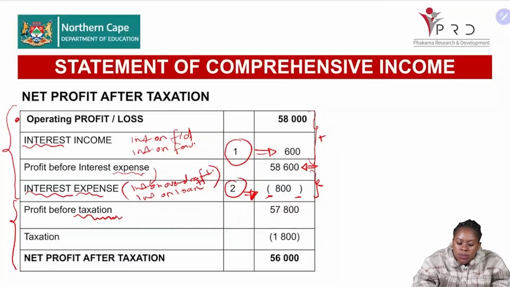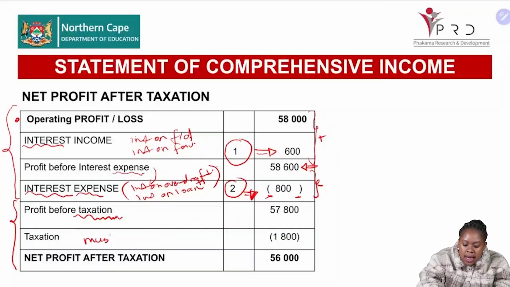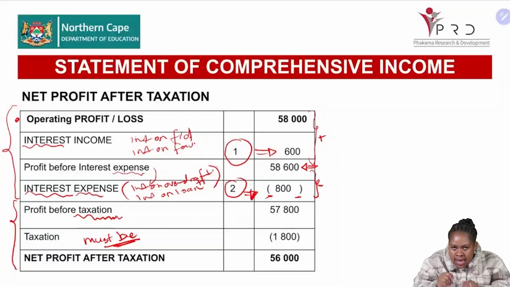So this is your profit before income tax. And then you calculate your income tax. Now, this income tax must be the income tax that you should have paid this year, irrespective of how much you paid.